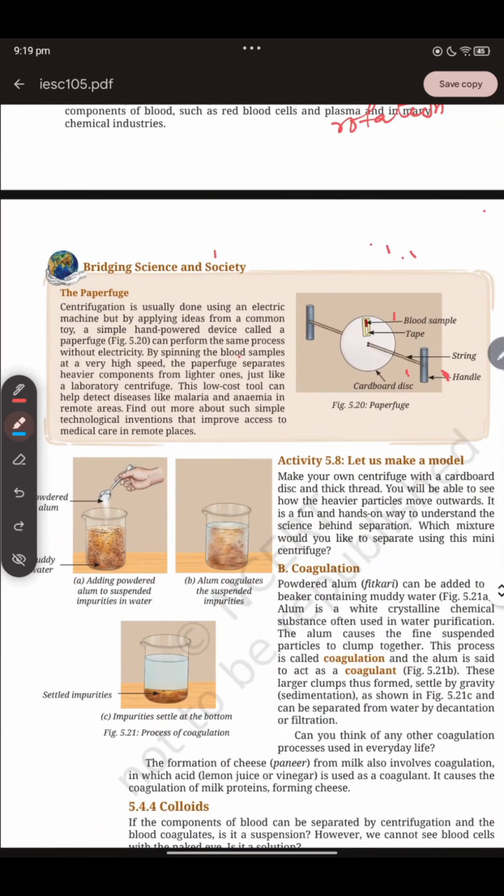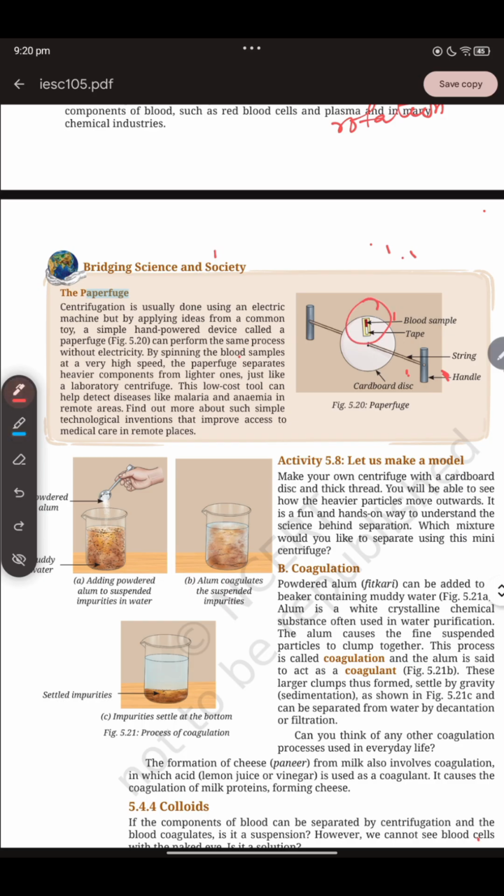After centrifugation, we will see a special type of centrifugation, not in the machine, but as a paperfuge which you can prepare. It is a mini model where you take a cardboard disc instead of the machine and take a sample.